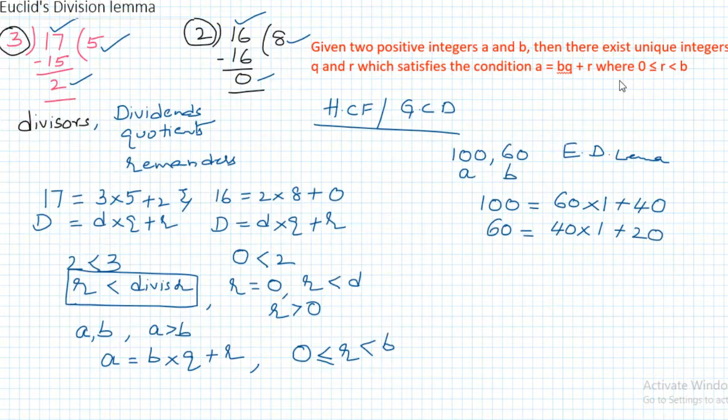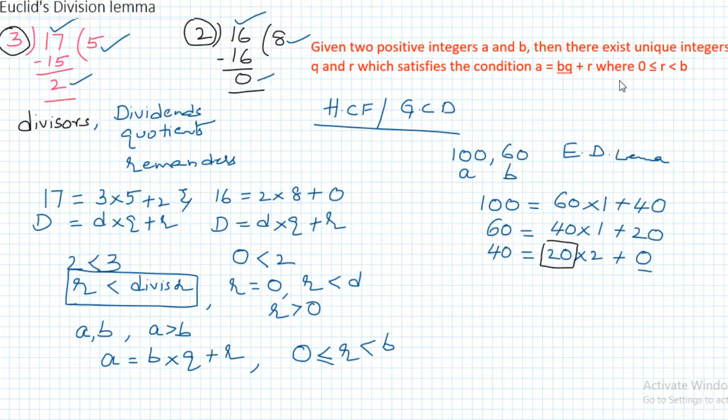Just like the previous step, this divisor will become dividend and remainder will become now divisor. So 20 twos are 40. So 40 minus 40 is 0. So there will be nothing left over. So remainder is 0. So finally, when we get this remainder 0, what is the divisor we have in the last step where we get 0 as remainder?